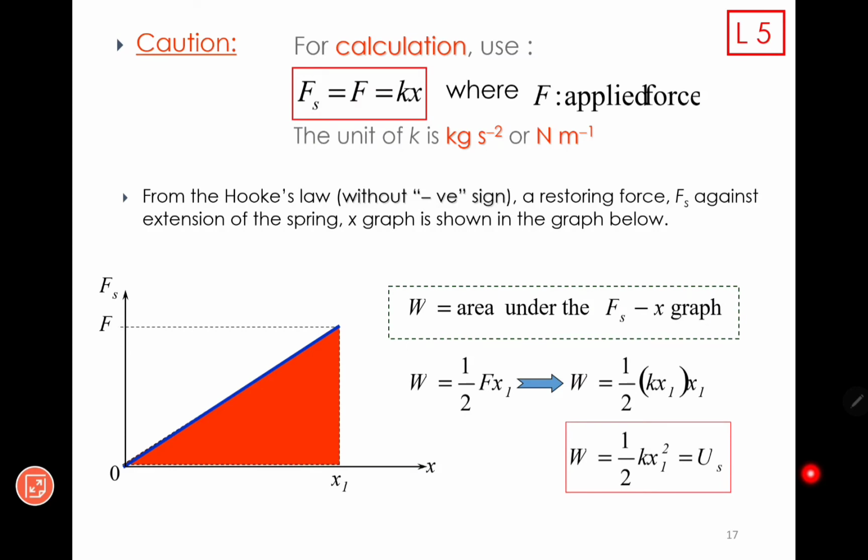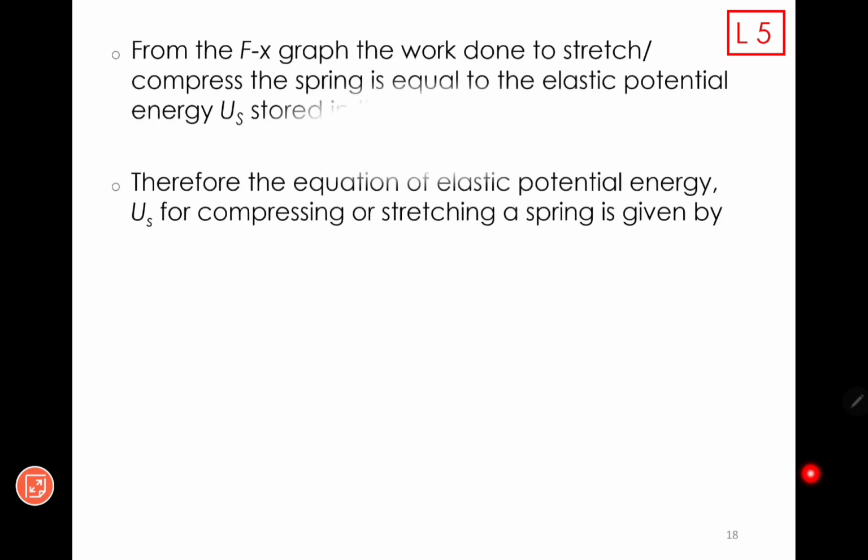At the same time, the work done represents the energy stored by the spring. We name it the elastic potential energy. You may refer to the link given here. Again, by watching the video, I think you may understand it very well. So from the F against x graph, the work done to stretch or compress the spring is equal to the elastic potential energy Us stored in the spring.